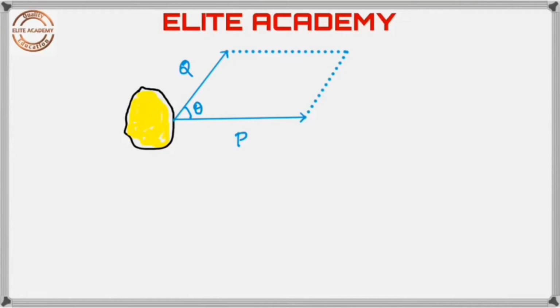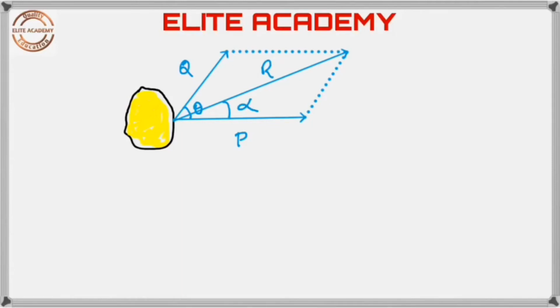In the general case, let the two forces P and Q be represented by the adjacent sides of a parallelogram drawn from the same point. Let theta be the angle between these two forces. The resultant will be the diagonal of the parallelogram drawn from the same point.